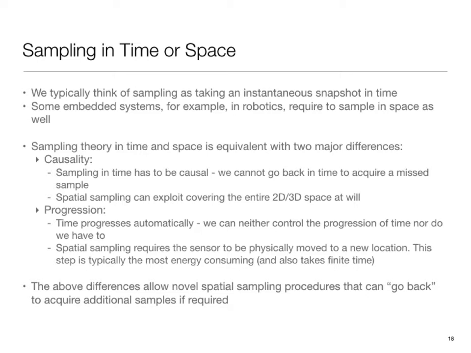More generally, though, you're sampling in space and time. Just something to keep in mind. In case of space, a common technique is to do a sparse sampling, and then based upon where there are more interesting things, like more changes happening, you go and revisit and sample at a finer level. Whereas with time, that kind of strategy doesn't work.